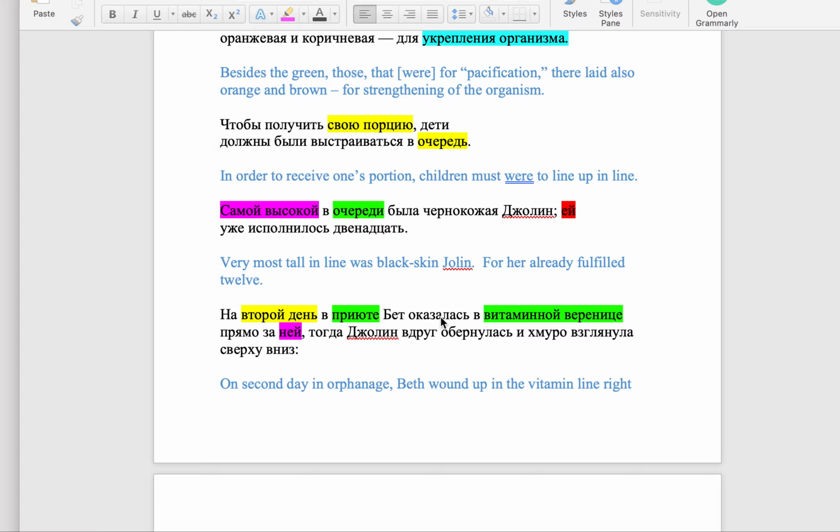So this is actually used like a verb of motion where you use the accusative case after выстраиваться, like to get into line, basically.